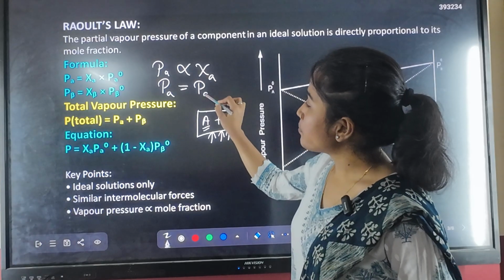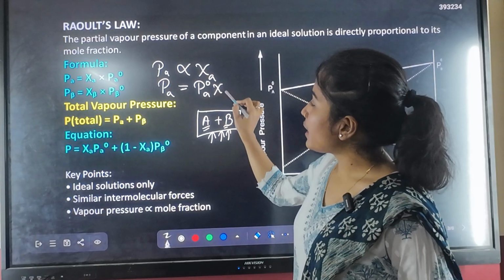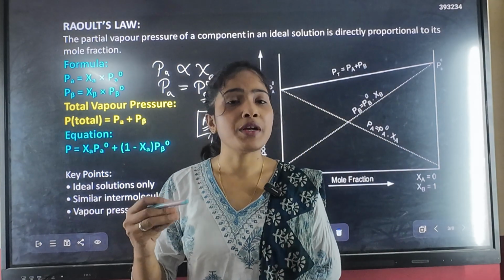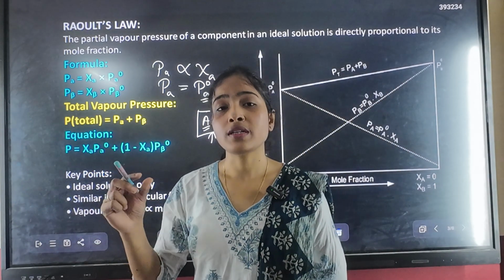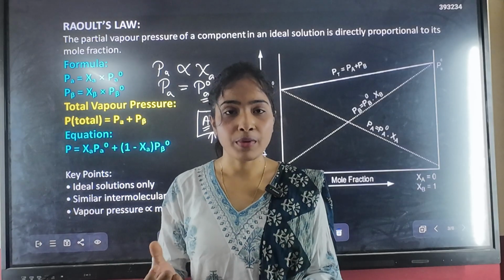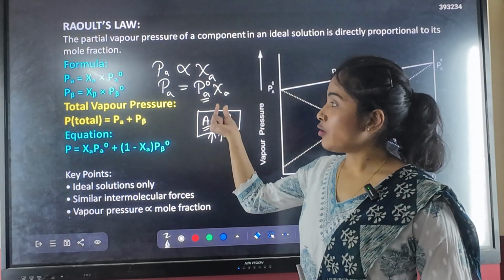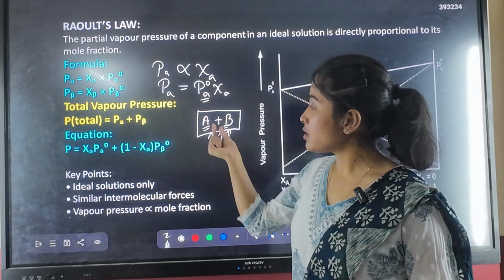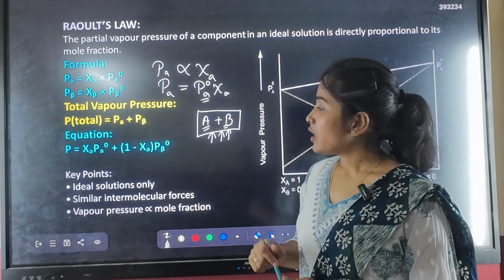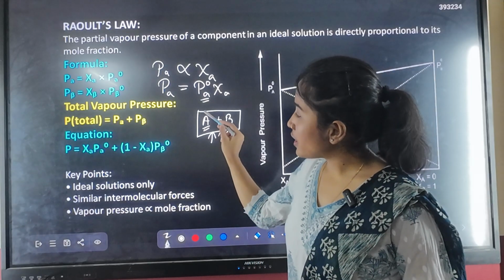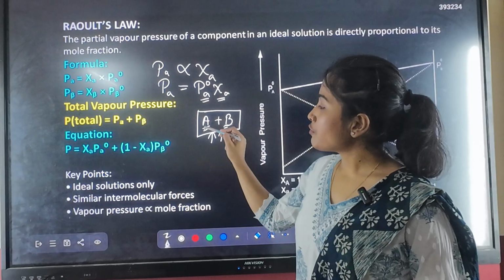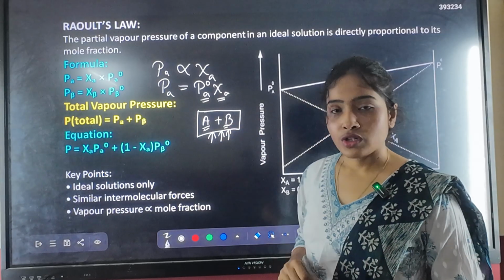A constant term PA naught will come, and on this side XA. This PA naught is the partial vapor pressure when this component was alone, in its pure state. So the vapor pressure for the pure state we take as PA naught. PA we take when this vapor pressure is formed in the solution. If my solution has exerted the vapor pressure of A, we will take it as PA, and XA is the mole fraction of A present in the given amount, okay.